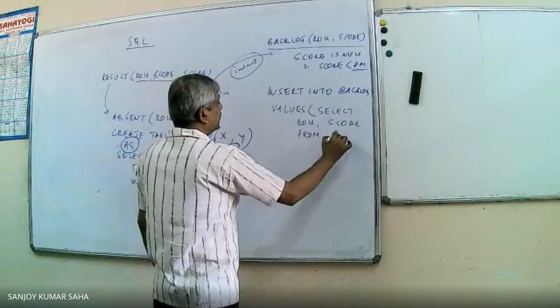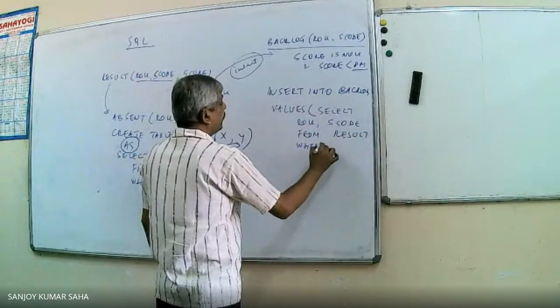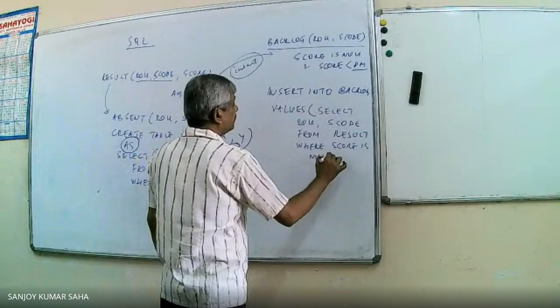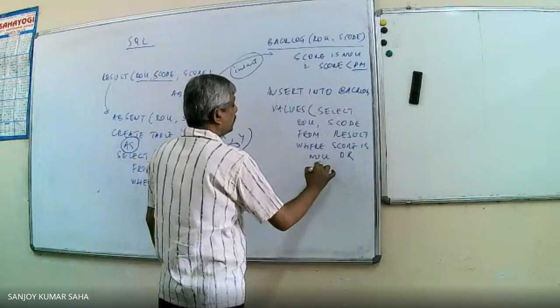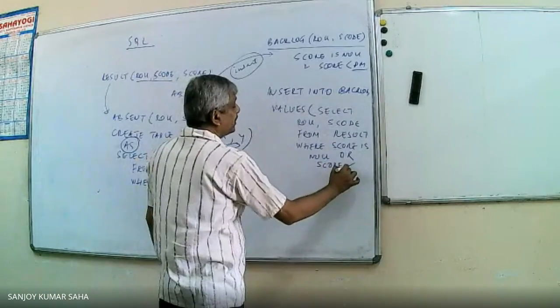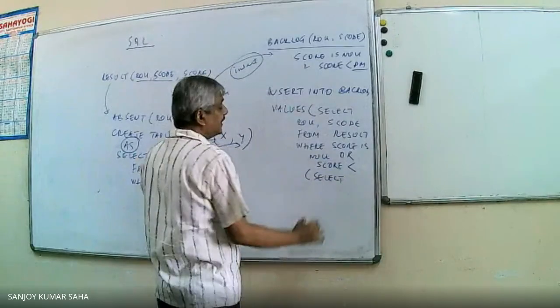from result where score is null or score is less than. Again we have to go for select.